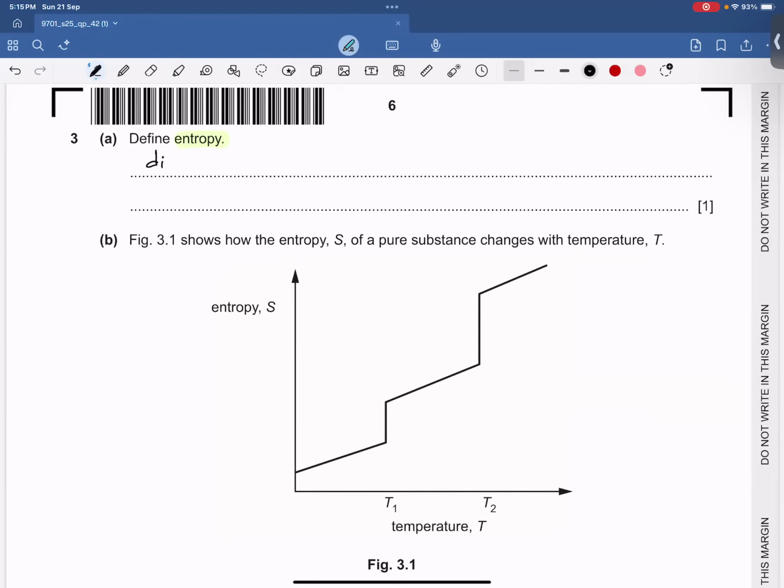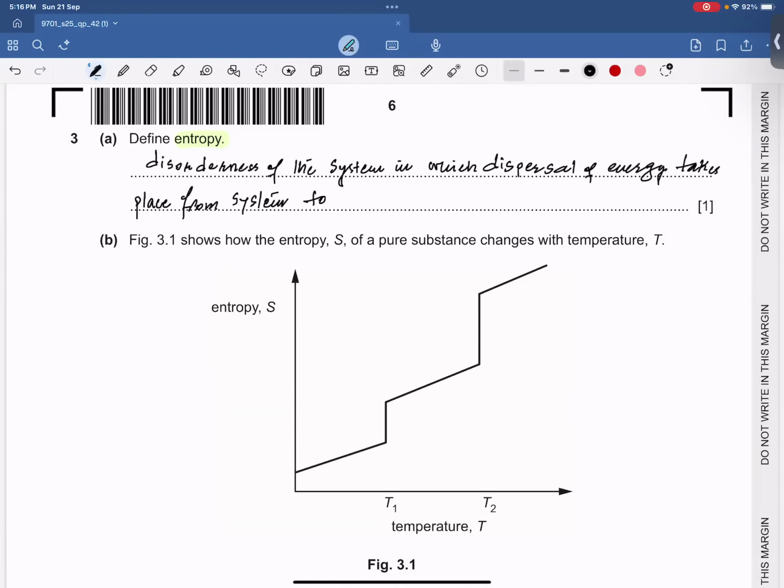So disorderness of the system in which dispersal of energy takes place from system to surrounding and vice versa.